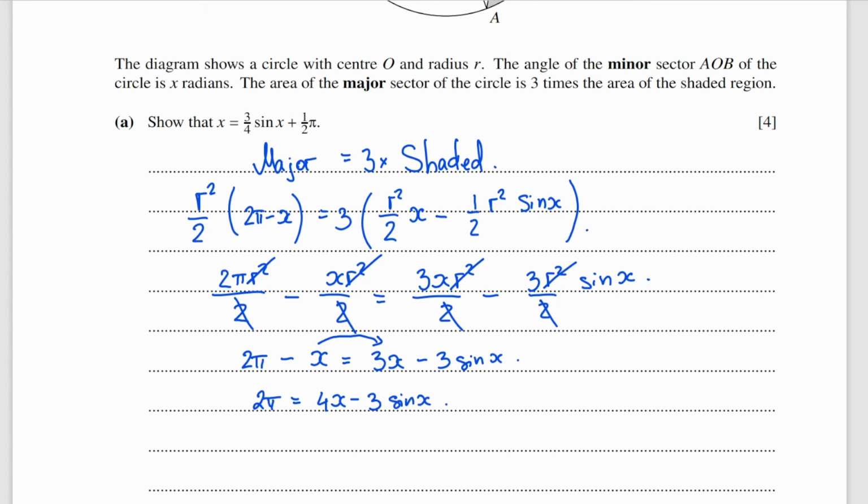Now sine x will go to the left to get 3 sine x plus 2 pi equals 4x. In the last step, let's divide both sides by 4 to get 3 over 4 sin x plus 2 pi divided by 4, which is pi over 2. So exactly what we had to show.